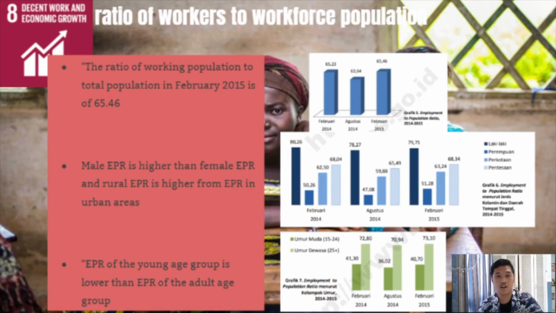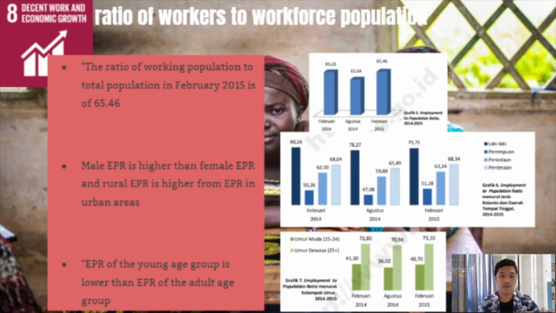And if you look at the graph, this EPR has increased compared to August 2014 and February 2014, by about 2.82 points and 0.23 points respectively. It's increasing. And then move to the next indicator.